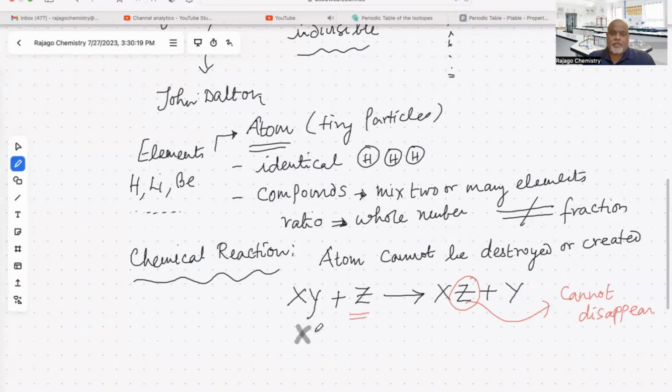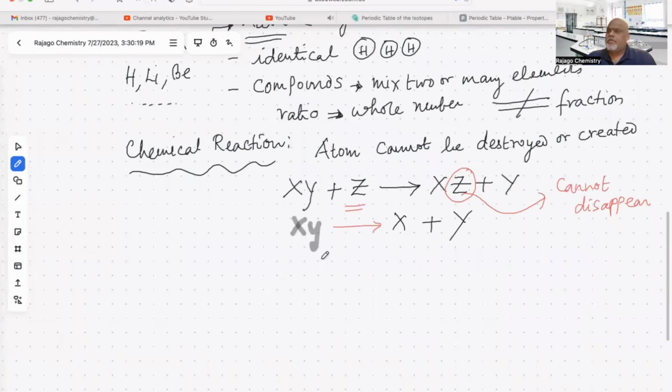Or this XY can dissociate as X plus Y. Or this XY can react with another compound, ZA, to interchange itself.